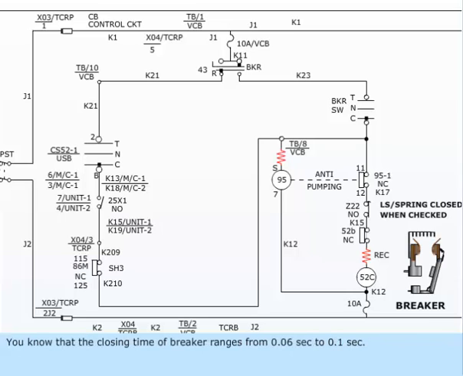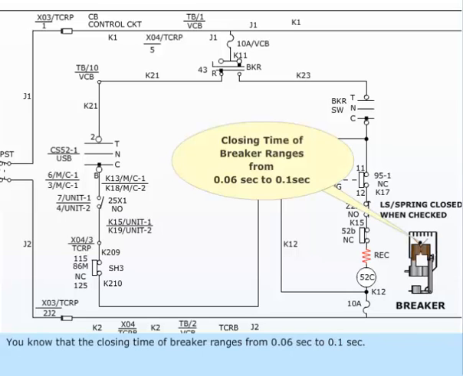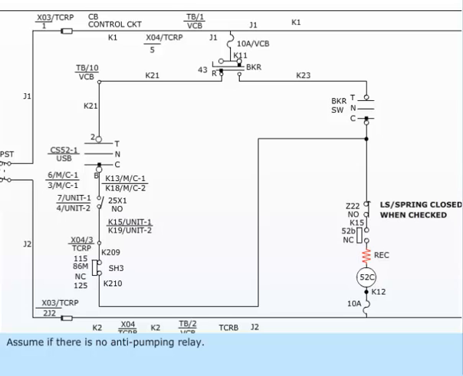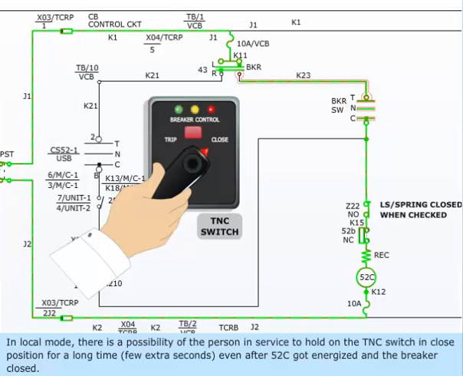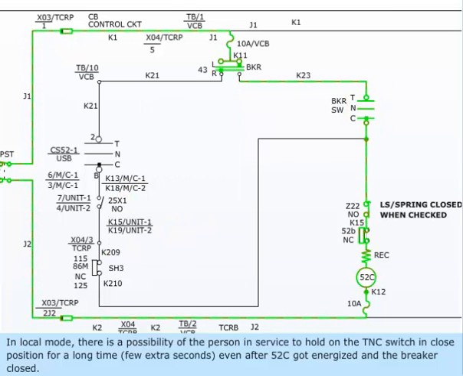You know that the closing time of breaker ranges from 0.06 seconds to 0.1 seconds. Assume if there is no anti-pumping relay. In local mode, there is a possibility of the person in service to hold on the TNC switch in closed position for a long time, a few extra seconds, even after 52C got energized and the breaker closed.